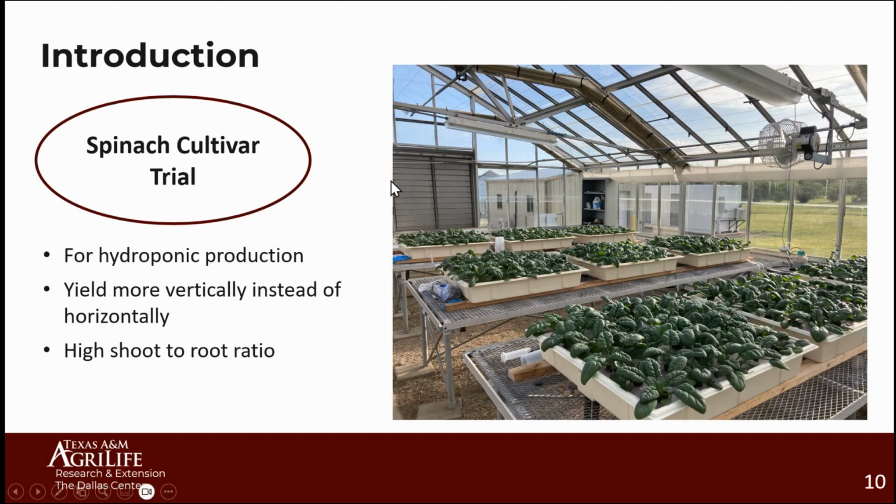So in our study, we want to select spinach cultivars that are suitable for hydroponic production. For example, they can yield more vertically instead of horizontally since we have limited space in the hydroponic system, and we also desire a high shoot to root ratio because we are harvesting the shoot instead of the root of the spinach.